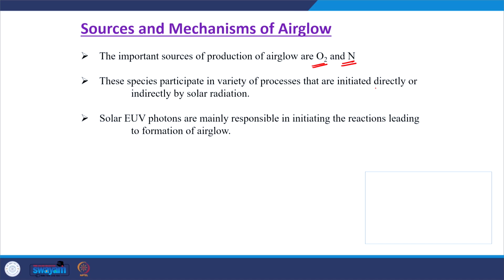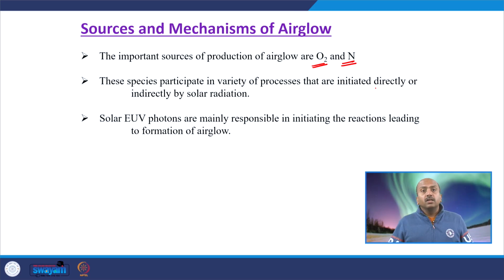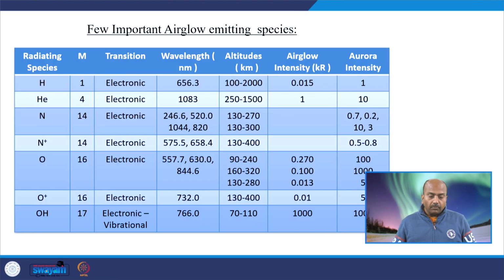Solar UV photons are mainly responsible for initiating these reactions, leading to the emission of light, primarily in the green and red parts of the visible spectrum. That's right, this is the most important information pertaining to airglow.